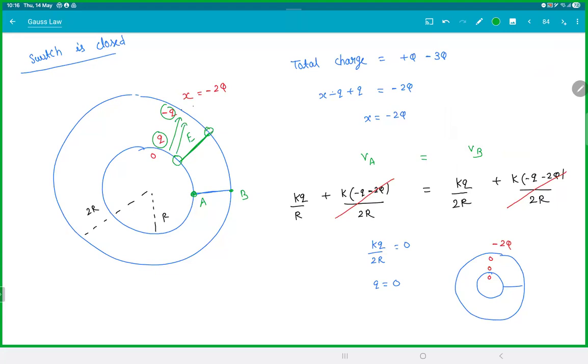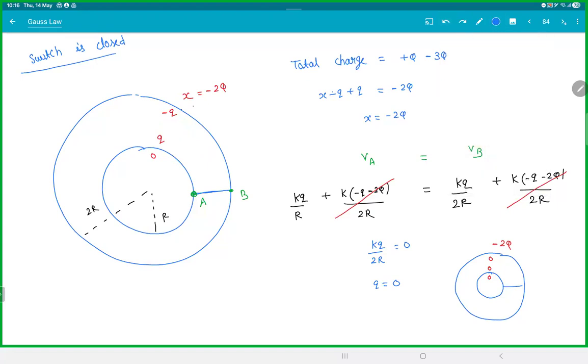But you said they're connected by a wire, meaning you can't have a potential difference, so you can't have an electric field, you can't have this charge, therefore q is 0. Did you see how we solved without writing a single equation? If there was a small q and minus q, there would be an electric field between the two shells. If there's an electric field, there'd be a potential difference, but you connected them with a wire, so you can't have a potential difference. Therefore, small q must be 0. All clear with this?